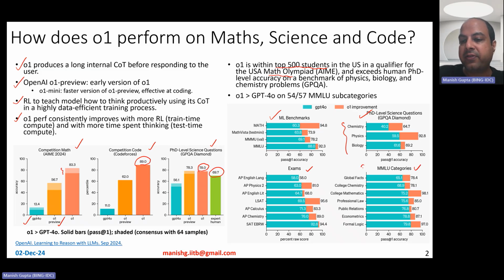MMLU basically consists of 57 different tasks. 7 of them are actually shown here, but out of those 57 tasks, O1 is better than GPT-4o on 54 tasks. Okay. And clearly you can see in this diagram that compared to GPT-4o, O1 basically shows improvement everywhere, and sometimes pretty significant improvement, right? Which by itself, by the way, was the state of the art until September when this O1 model came up.